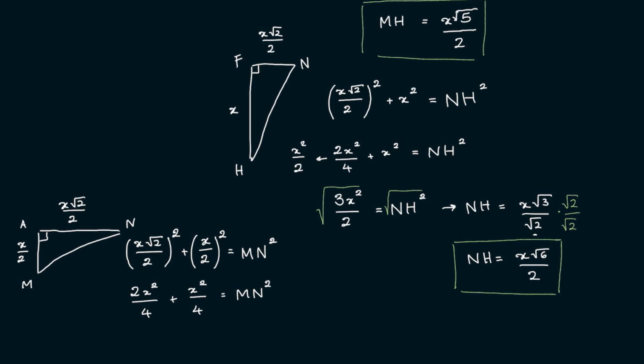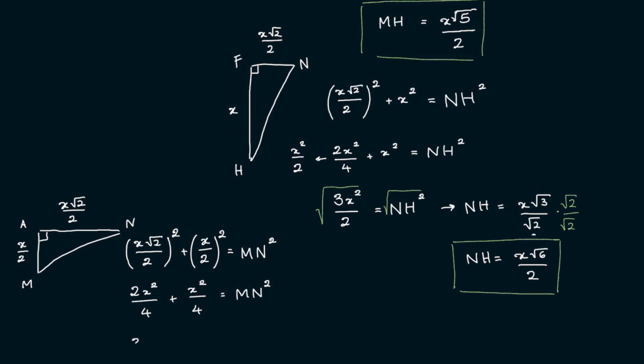Alright. Back to MN. This one results in 3x squared over 4, which equals MN squared. And when we take the square root of both sides, this time we actually get MN equals x radical 3 over 2.